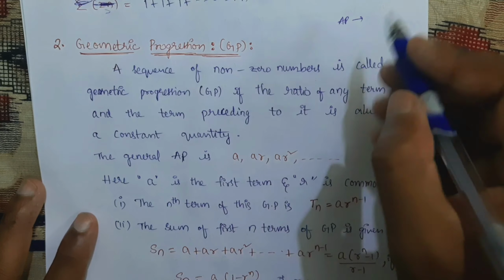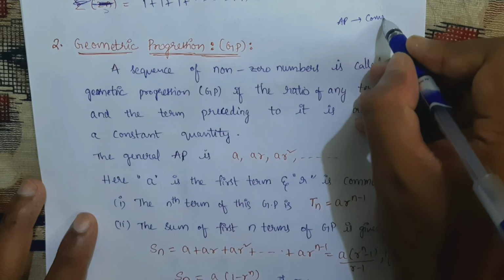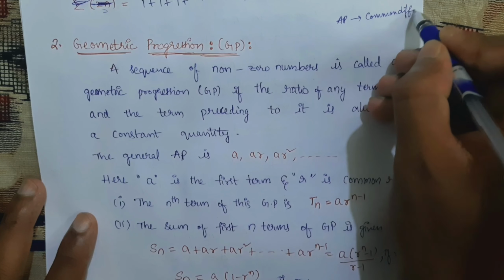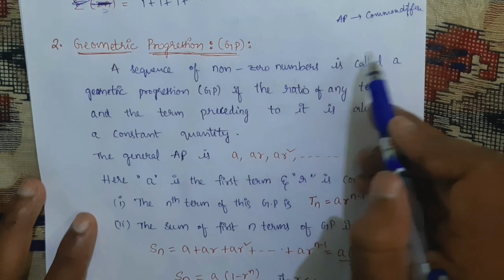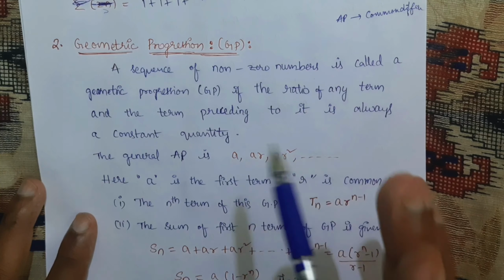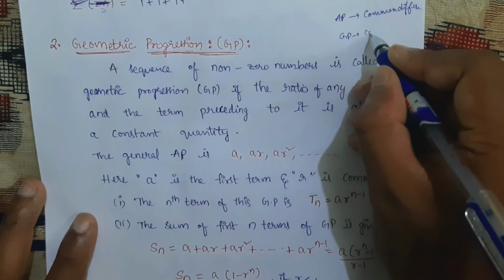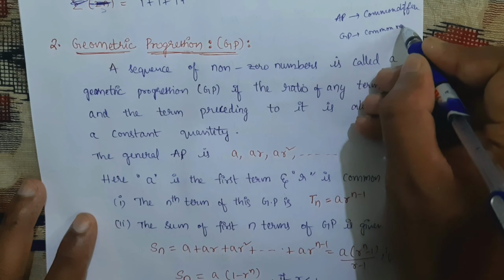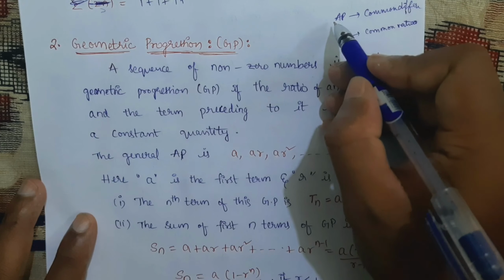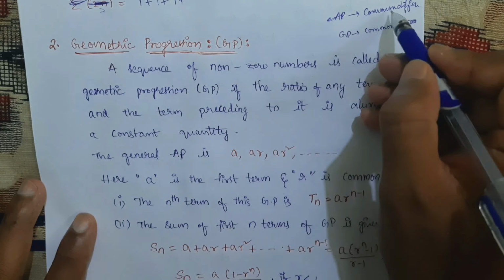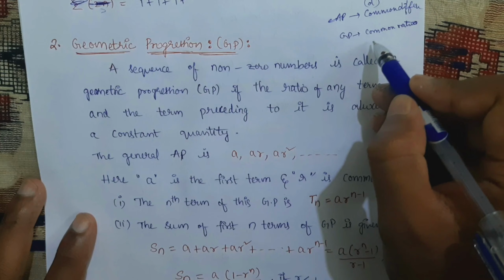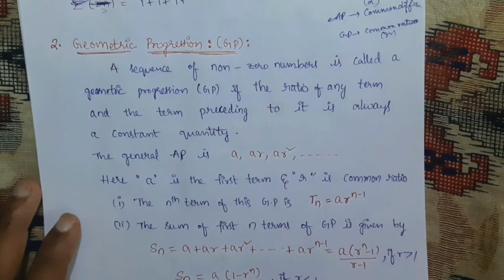In AP we consider the common difference, because it is defined by the difference of a term and its preceding term. But GP is based on the common ratio. In AP the common difference is represented with small d, and the common ratio is represented with small r.